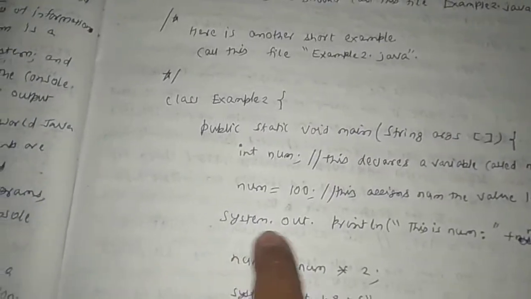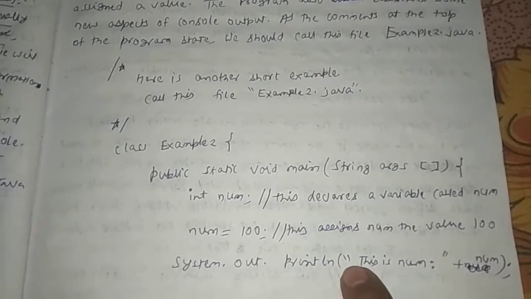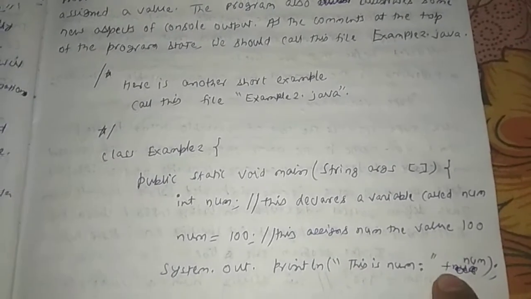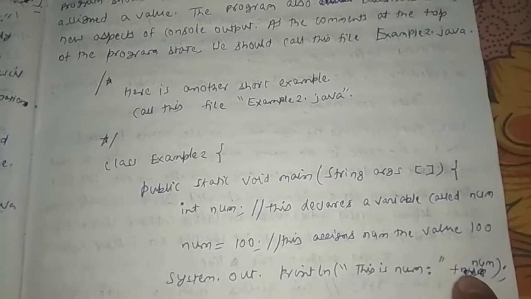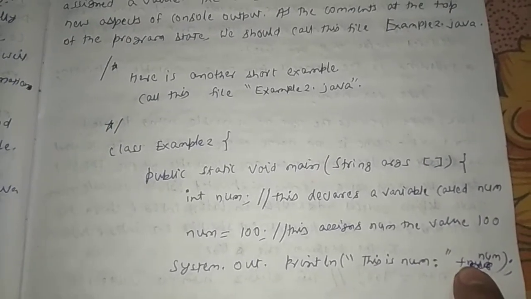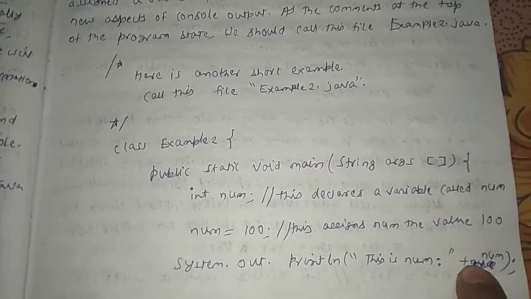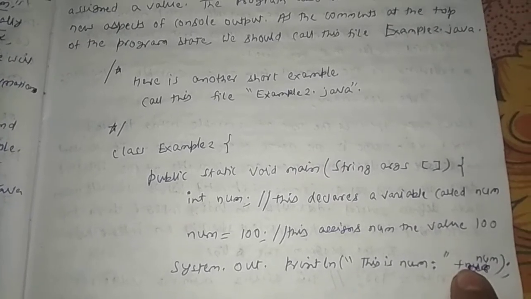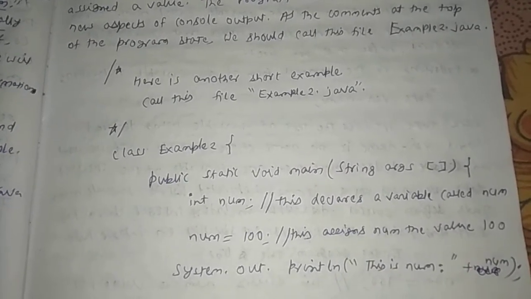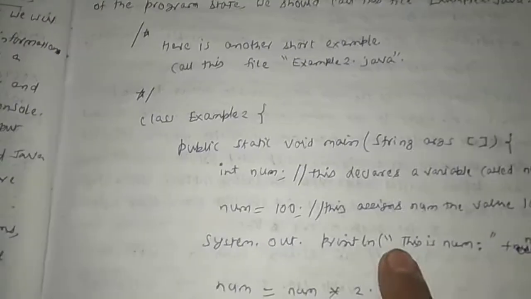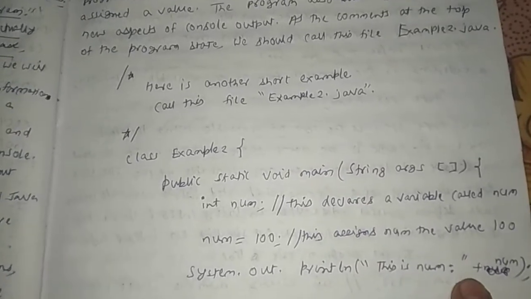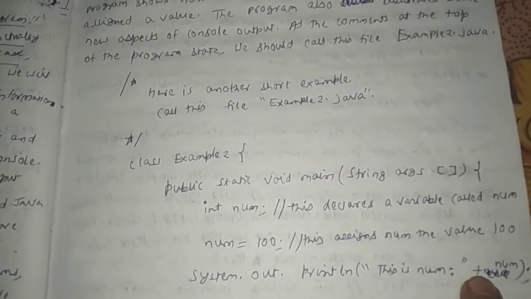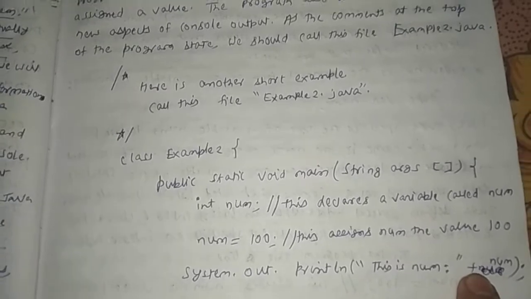Then comes System.out.println. Under double quotation, this is num, followed by a plus sign, then num. This plus sign is used for concatenation. Concatenation means appending, to merge. Whatever we are giving under double quotation is known as a string. To print this string along with the variable, we use the concatenation plus symbol.